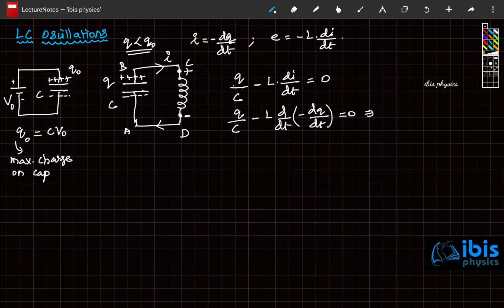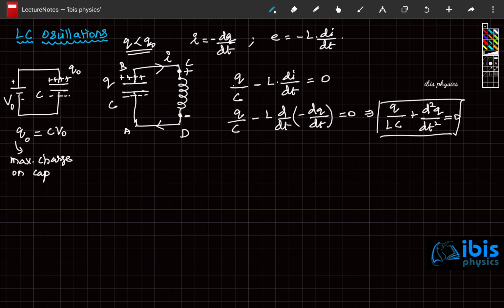Dividing this whole equation by L, we get q by LC, with minus into minus giving plus, so d square q divided by dt square plus q by LC is 0. We have seen this equation elsewhere.